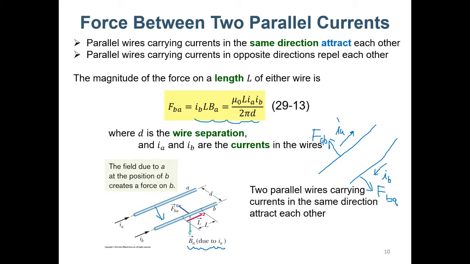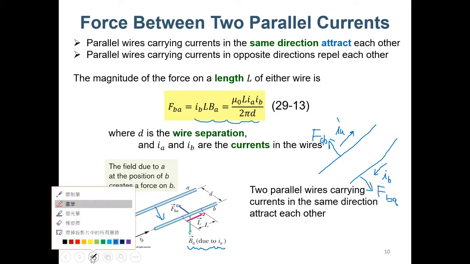And according to the Lorentz force, if a current is going in this direction and the magnetic field is pointing downward at all points of this wire, L is in this direction, BA is pointing downward, so you use the right-hand rule, the cross product, and FBA should point in that direction.